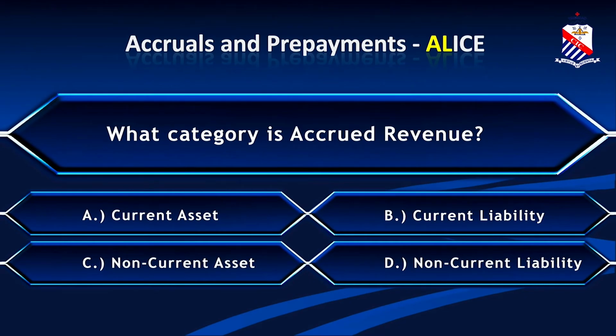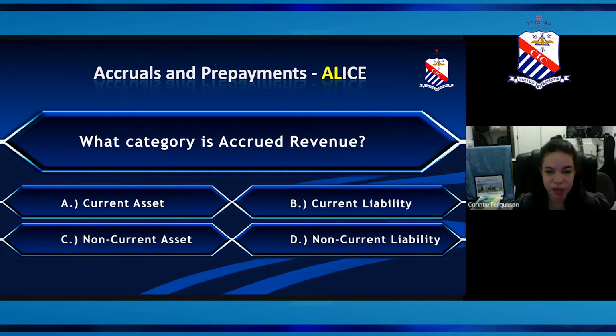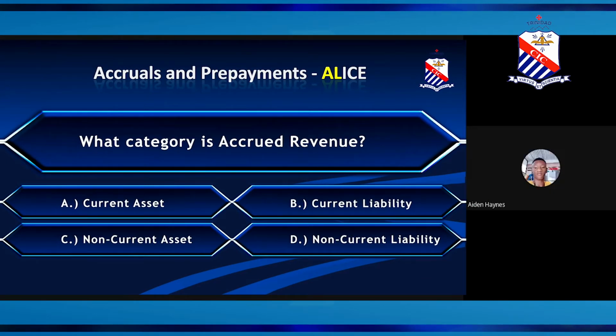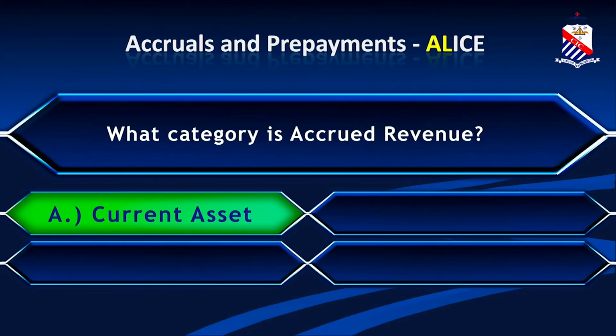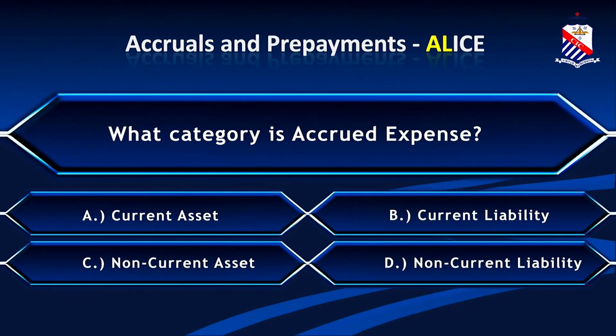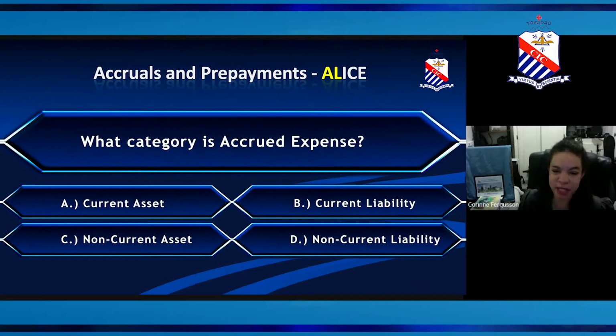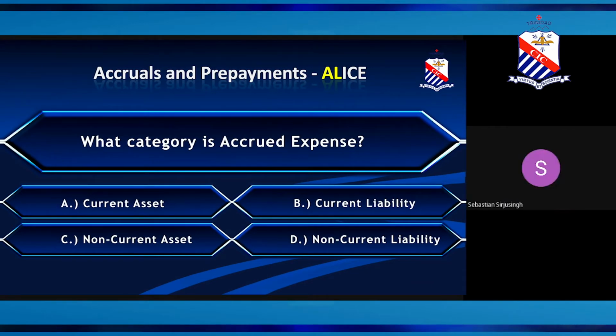What category is accrued revenue? This one should be speed testing. Current asset. Good, excellent. Right. What category is accrued expense? Let me see who goes fastest. Current liability. Right, that's Eden.